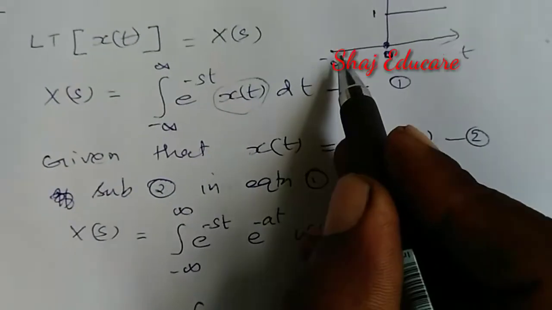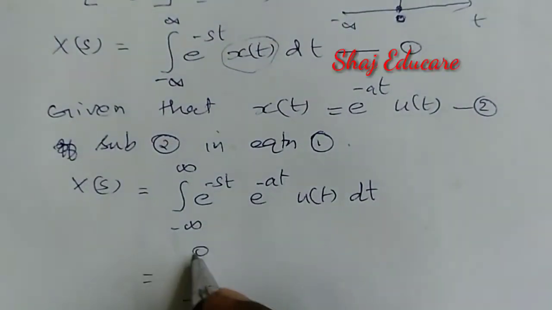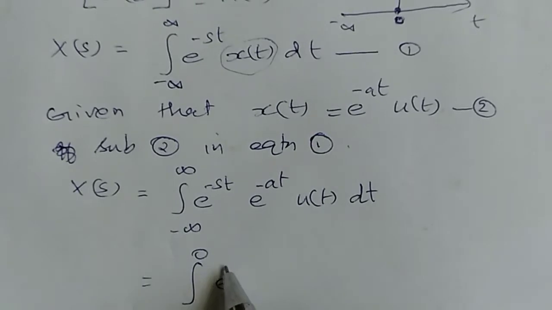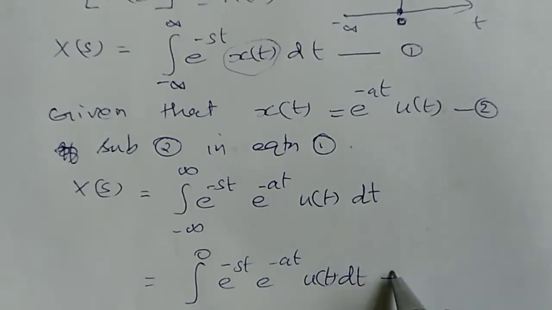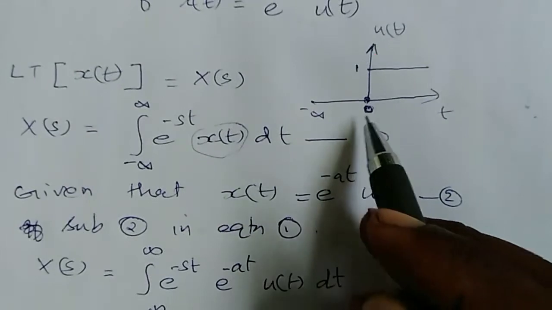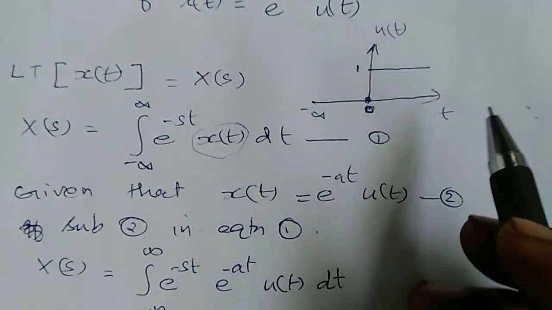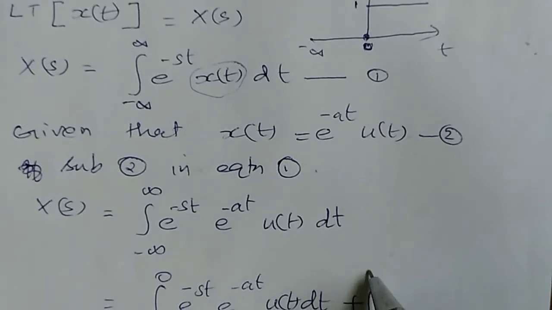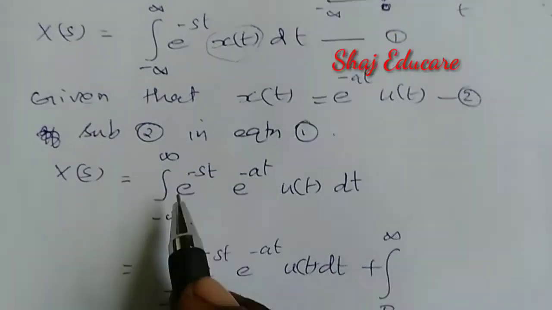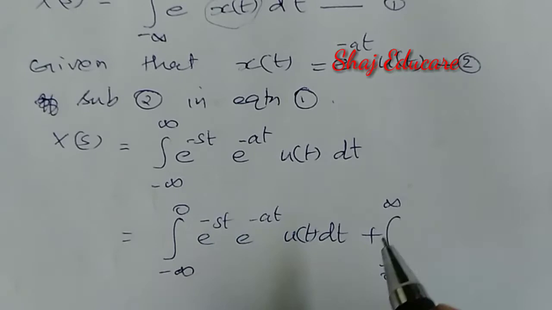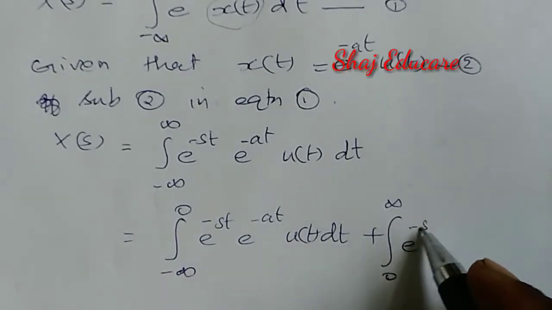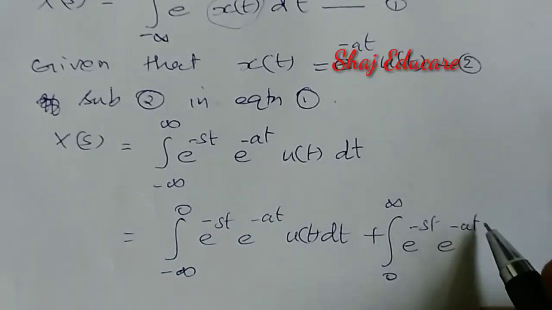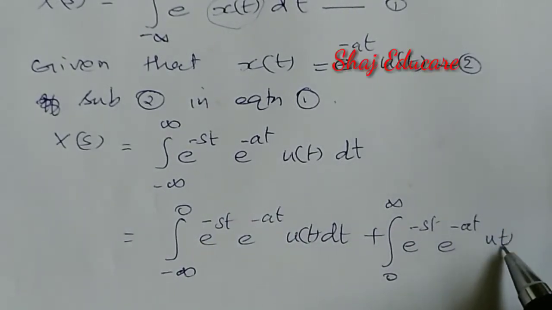One from minus infinity to 0, with the same signal: e raised to minus st, e raised to minus at, u of t dt, plus the second limit from t equal to 0 to infinity. So this is split into two sub intervals, one from minus infinity to 0 and another from 0 to infinity, of e raised to minus st, e raised to minus at, u of t dt.